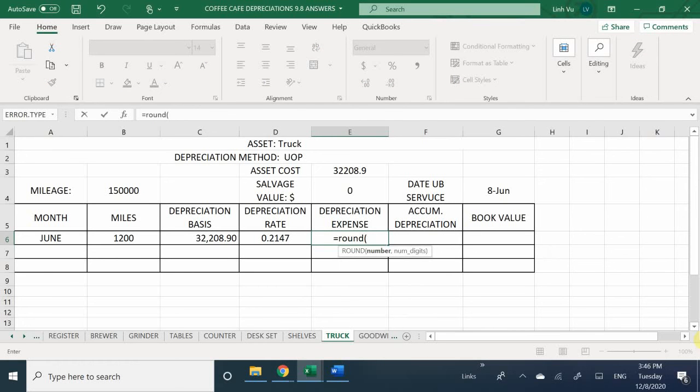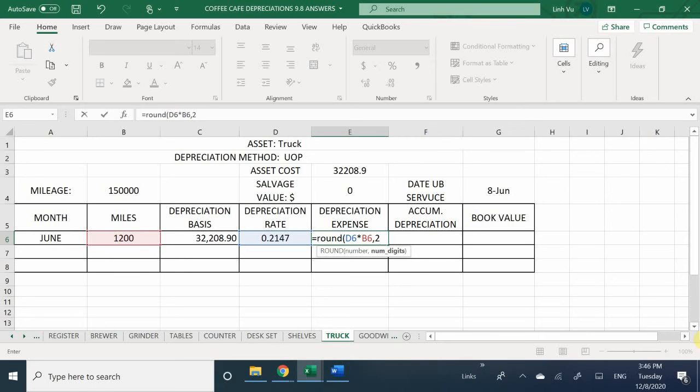The number of units produced is the miles, 1,200. So it's going to cost me 21 cents per mile, if you think of it that way.